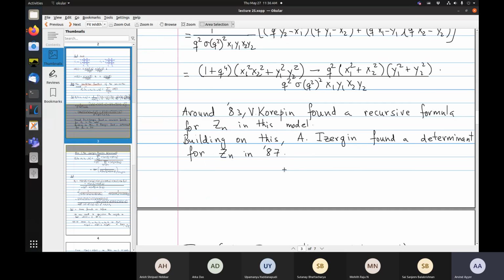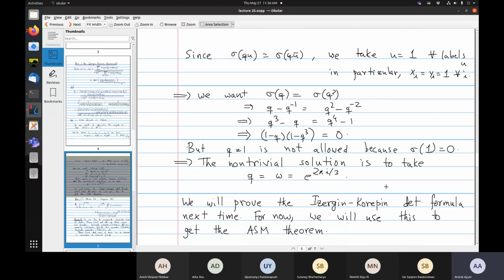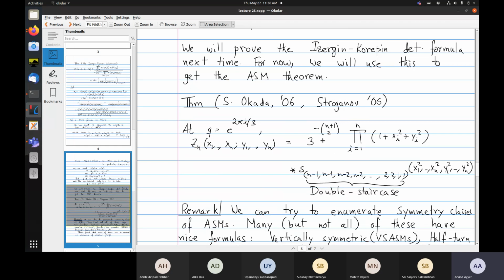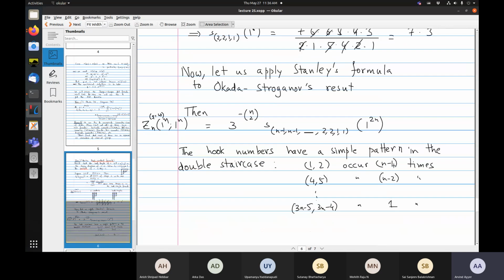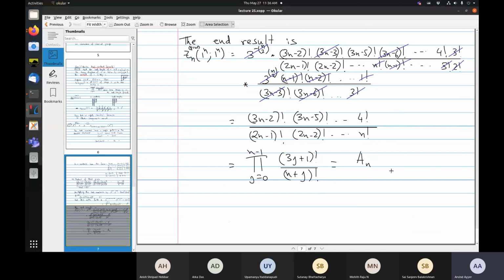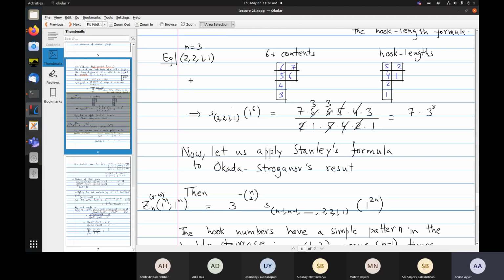So what we did last time was assume this formula, and then take the special case q equals e to the 2 pi i by 3, and then we sort of assumed again Okada's result, which says that this becomes a staircase Schur function, and the rest was using the hook content formula and obtaining the ASM number. And another thing I did not do is to show you for n equals 3.